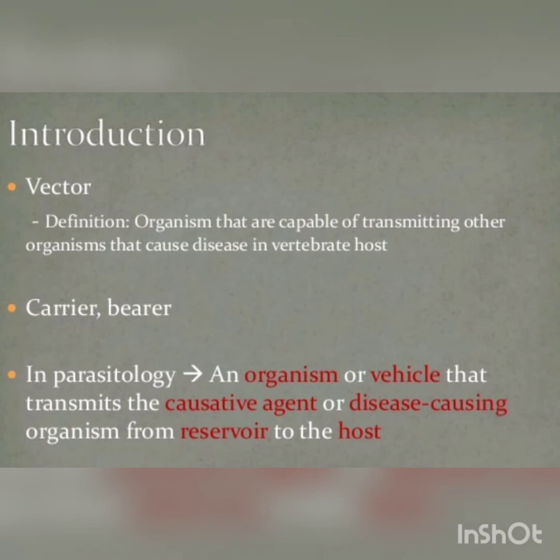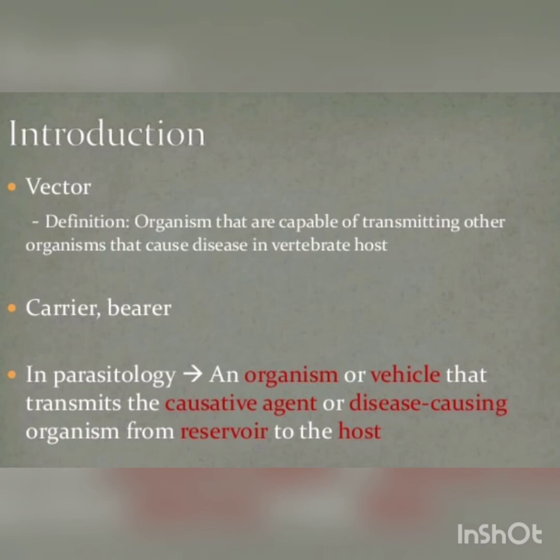Usually the vectors don't become ill from carrying their various viral, protozoan or nematode infections. These vectors, mosquitoes or ticks or mites, which are acting as carriers of pathogenic organisms from the reservoir to the host, don't become ill themselves.